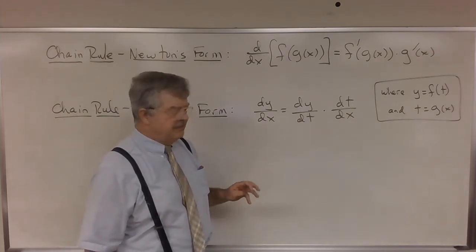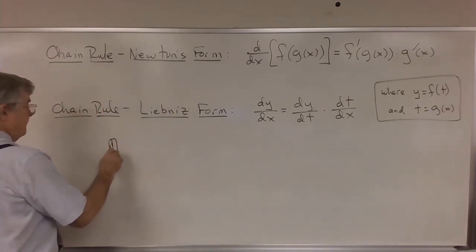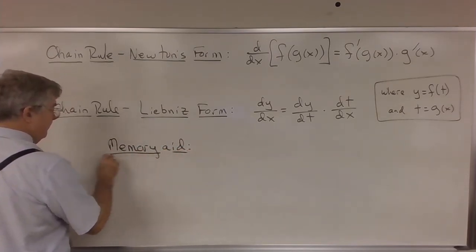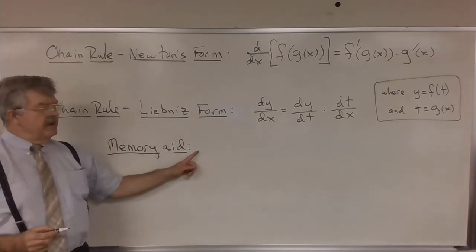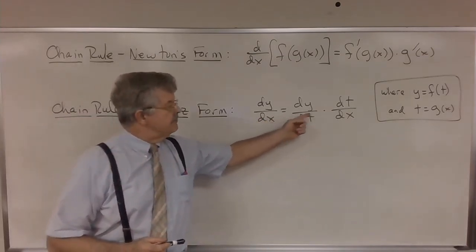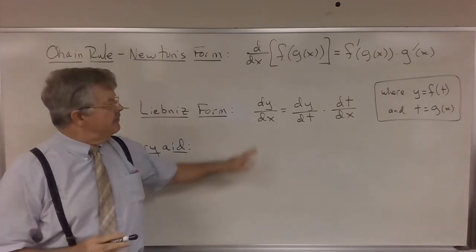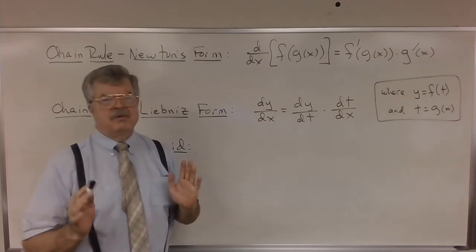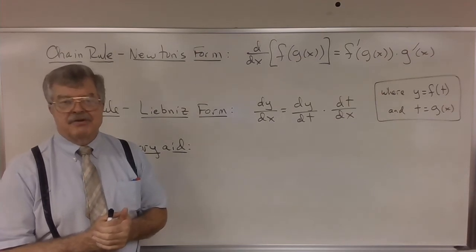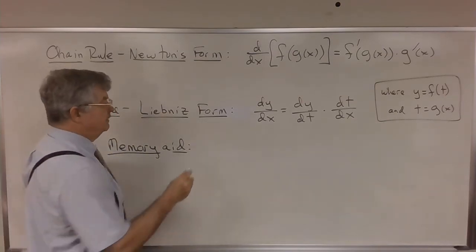Now, there is a memory aid that we want to use, and I'll write that down. And the memory aid is this. If we imagine each of these derivatives to be actual quotients or fractions, then we can cancel out a common factor in numerator and denominator and get exactly the same expression on both sides.